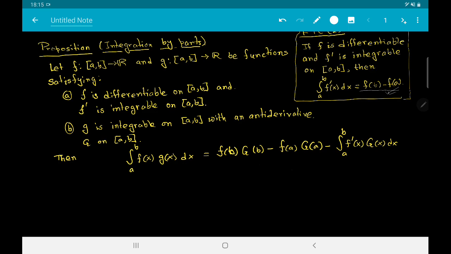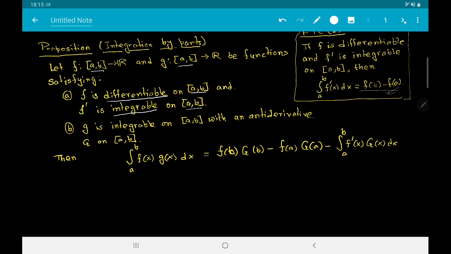We have written this down in the form of a proposition. Suppose f and g are two real valued functions on the closed interval ab, and they satisfy the following conditions. So f is a differentiable function on closed interval ab, and f prime is an integrable function on the closed interval ab. This puts us in the situation of FTC part 2, but we are not going to really use it on the function f.